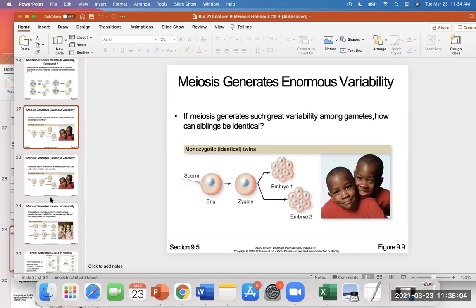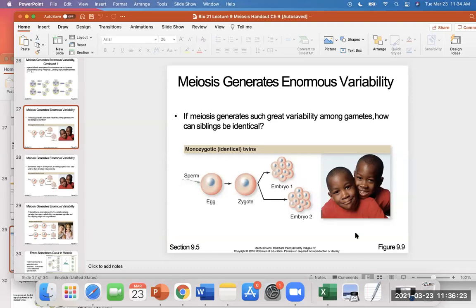They're identical. Why are they identical? What is the process that's happening in monozygotic versus dizygotic? Monozygotic twins, it's one egg that gets split into two, and then with dizygotic twins or the fraternal, it's two eggs that happen to be fertilized at the same time.